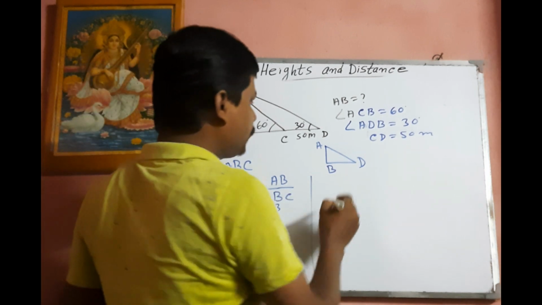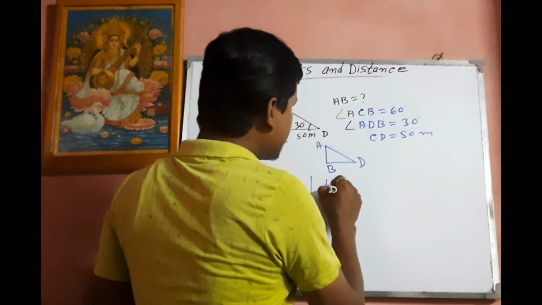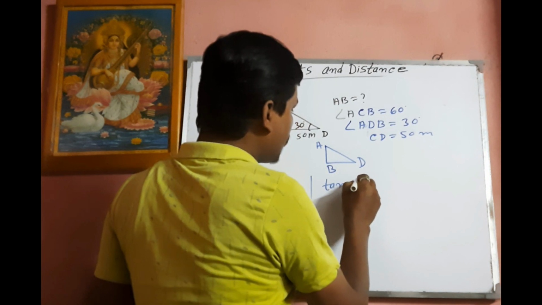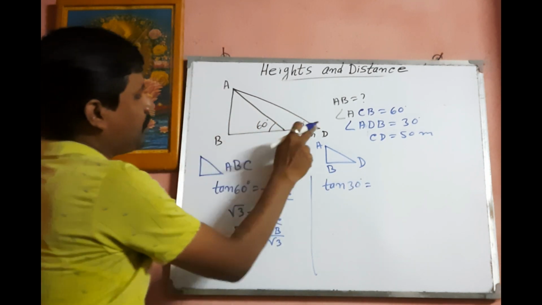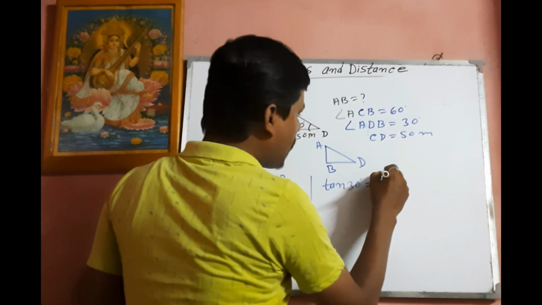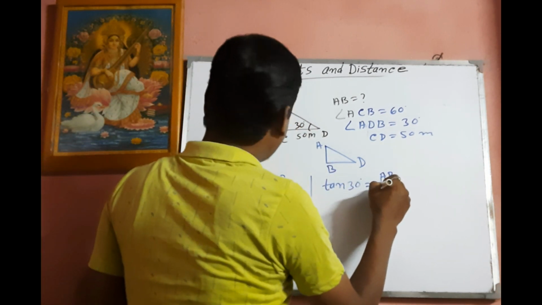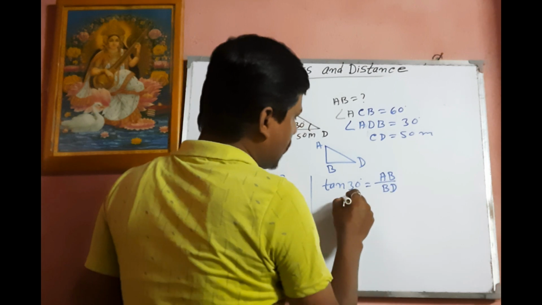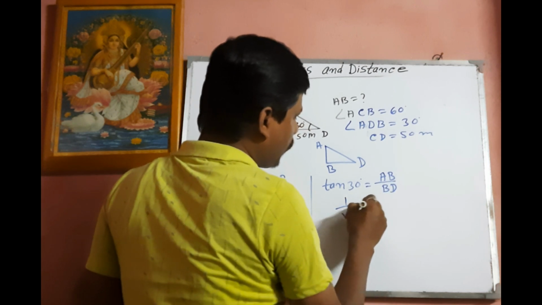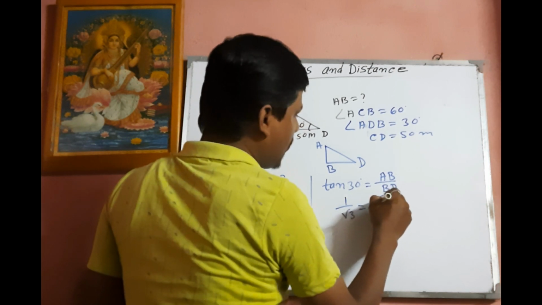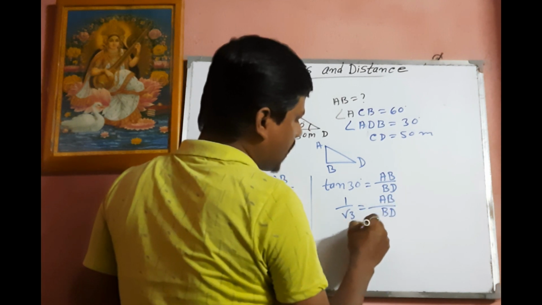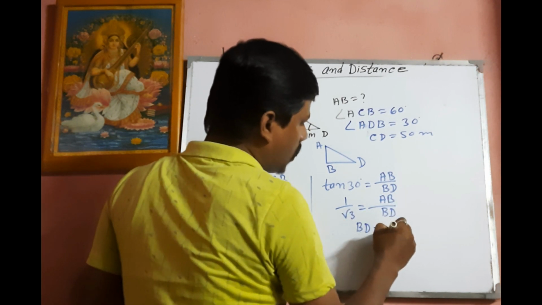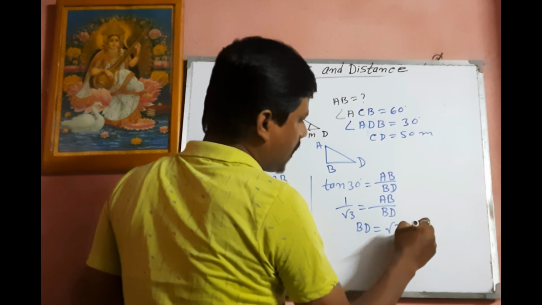And here, this is the tan 30. Tan 30 is equal to, this is the perpendicular and this is the base. So AB by BD, 1 by root 3, and AB and BD are there. Then BD is equal to root 3 times AB.